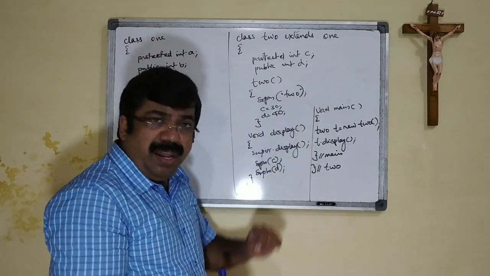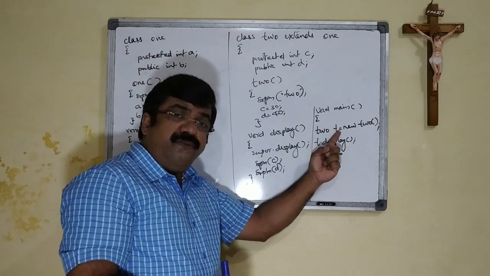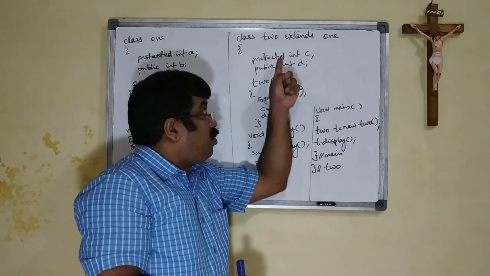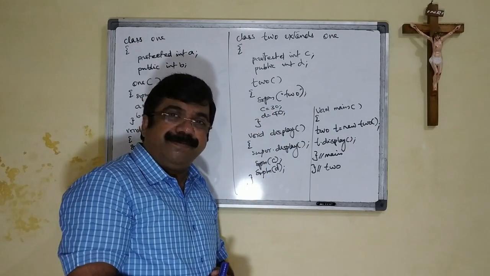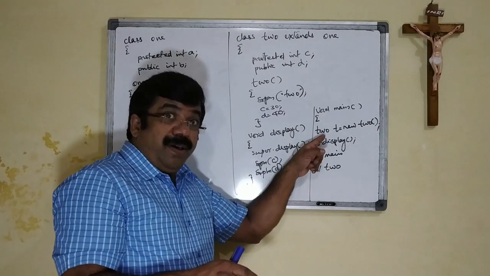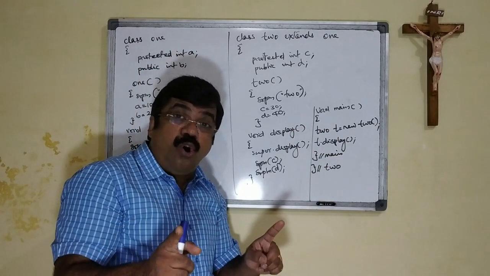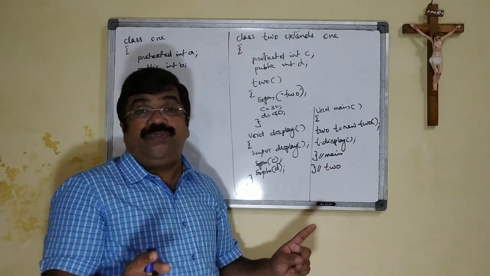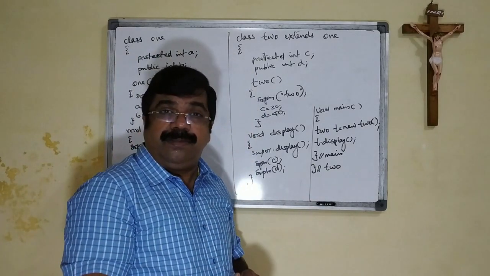When main is executed, creating the object of the derived class by calling the constructor of the derived class, what happens? See, when we have inheritance, before creating the object of the derived class, the object of the base class will be created first.